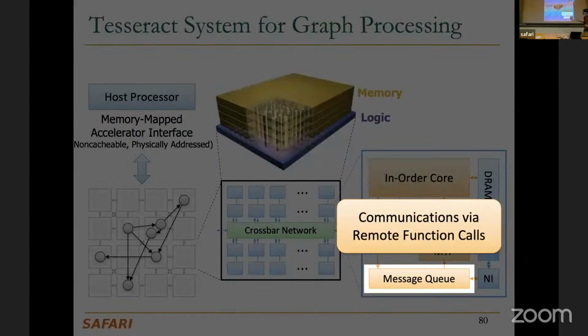And accessing data here is at the center of the design. This design considers, for example, the use of communication via remote function calls. They have message queues here such that one specific core may receive instructions, may receive commands from another core because it wants to surrogate some of the computation to the other core.